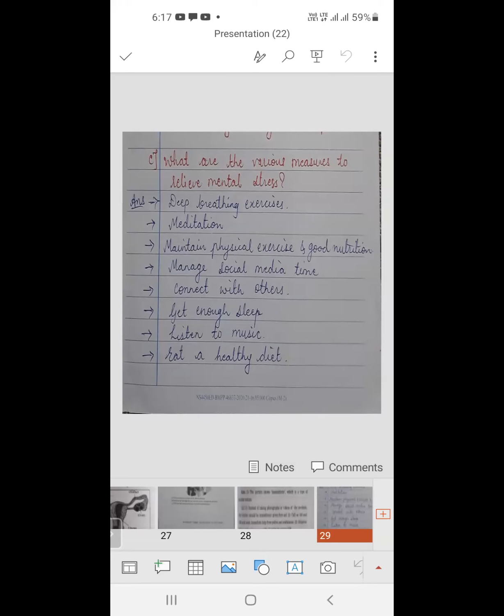I think I have given you the right guidance for this, and it will help you in solving this type of question papers in your board exams. In this way we will conclude the analysis session here.